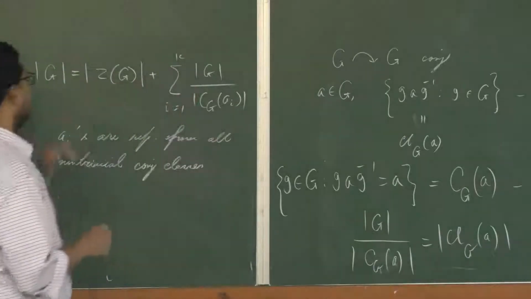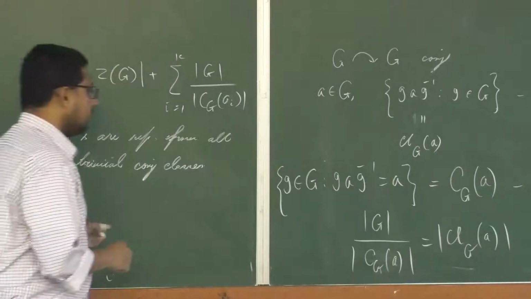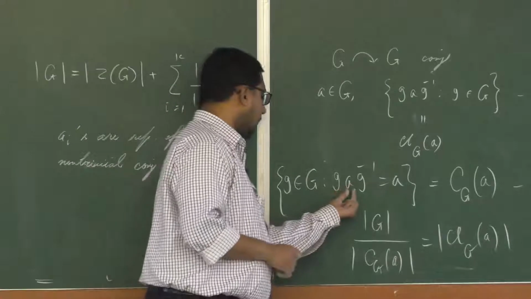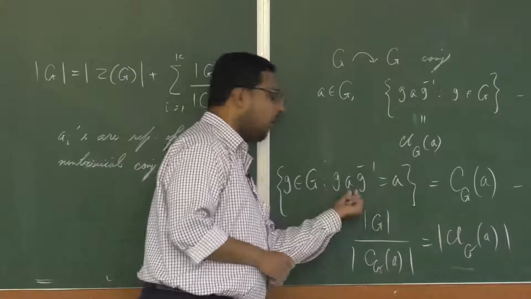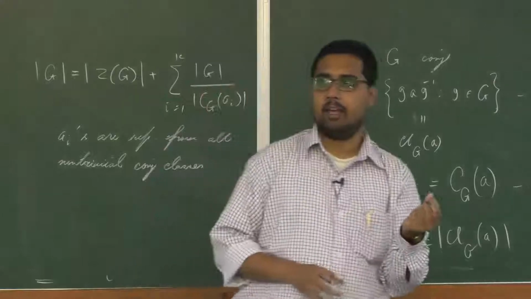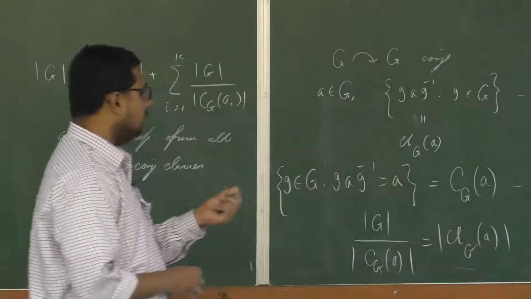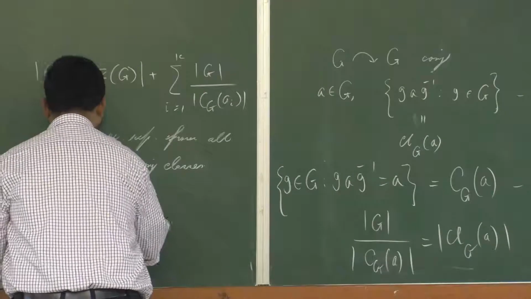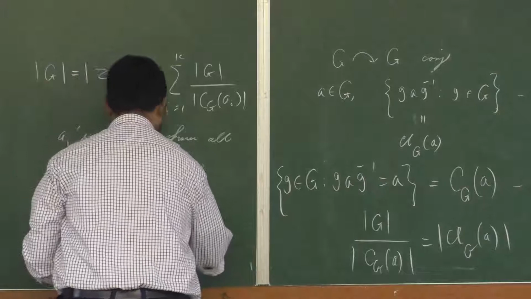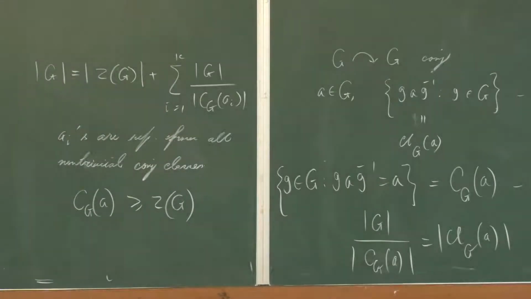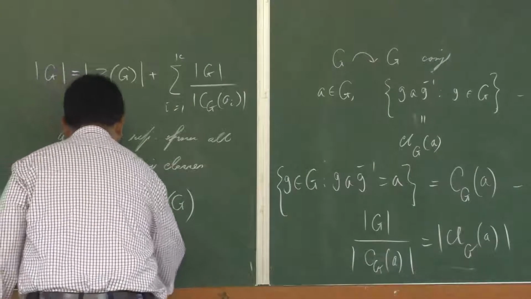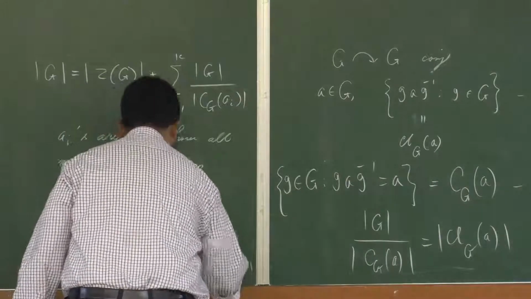So you can write the class equation in this form, and I will finish with this observation. Remember that the centralizer of a consists of all elements which commute with a. Therefore the centralizer of any element naturally contains the center, because the center commutes with all elements, and in fact this also shows us that the center is nothing but the intersection of all centralizers.